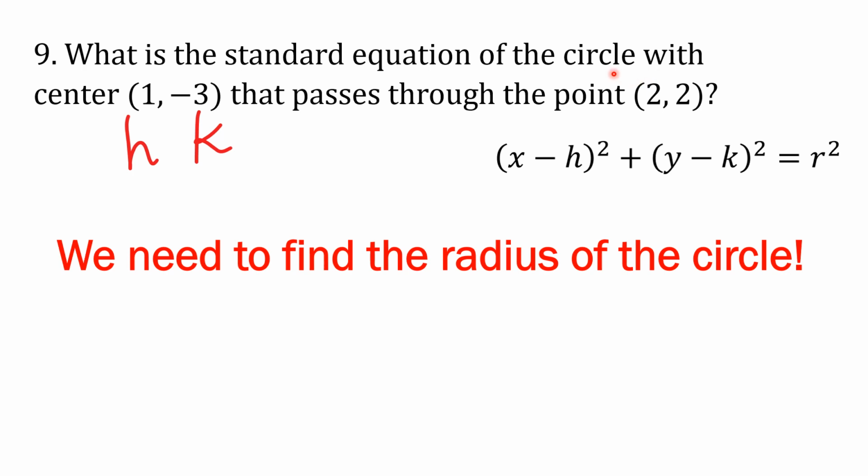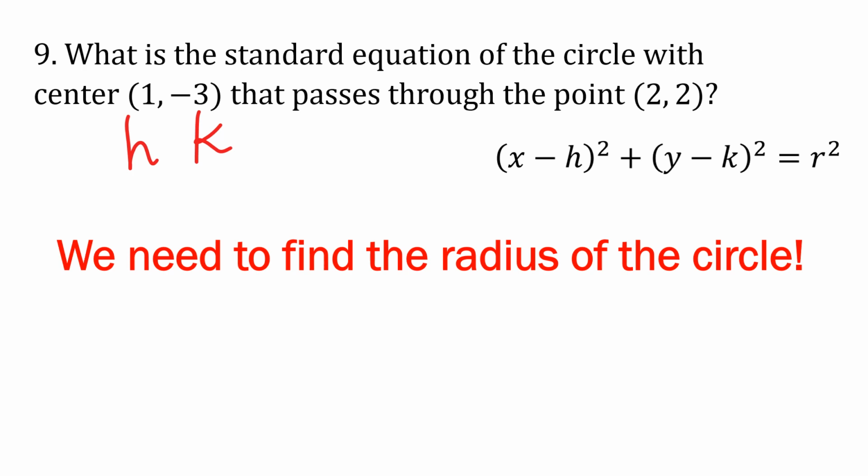And once we knew that distance, that would give us the radius, right? Because this is the center of the circle, this is a point on the circle, and we heard the definition of the radius earlier. That was the line segment that connects the center of the circle with a point on the circle. But there's actually a much easier way to find the radius, which is just to plug in what you know.